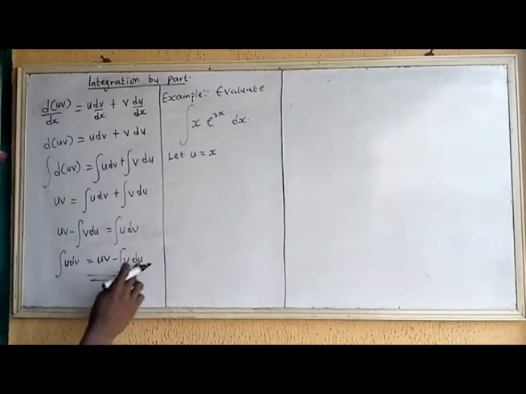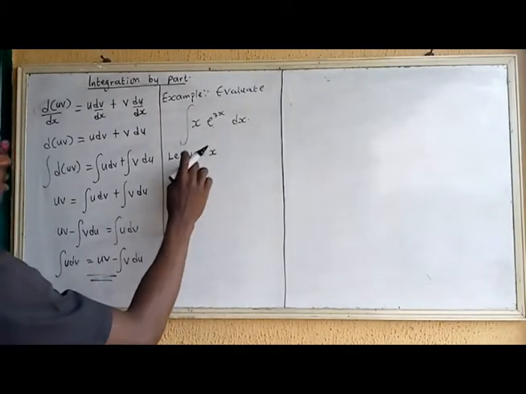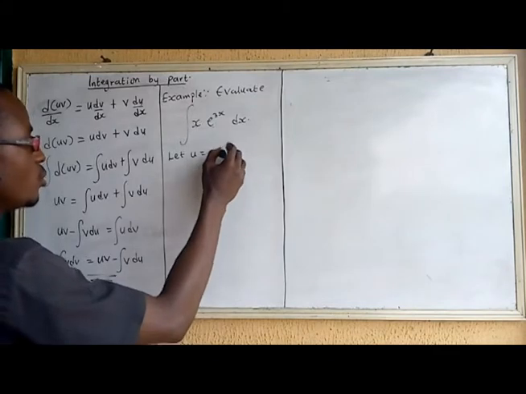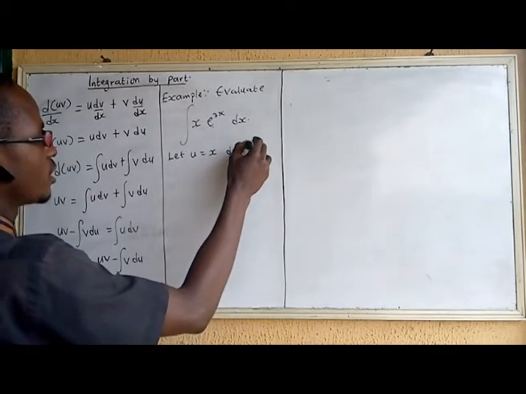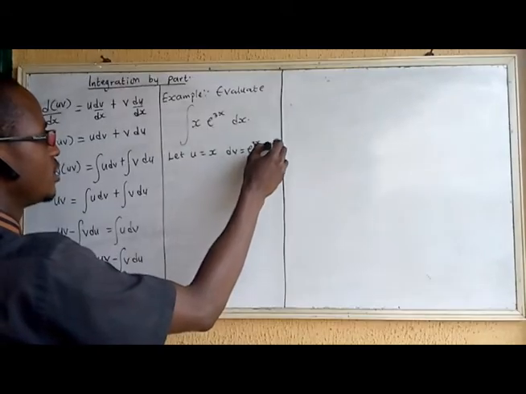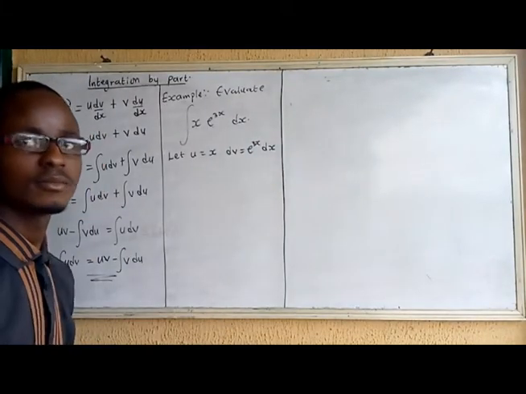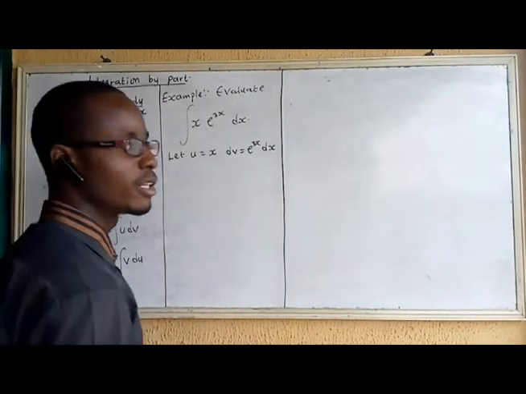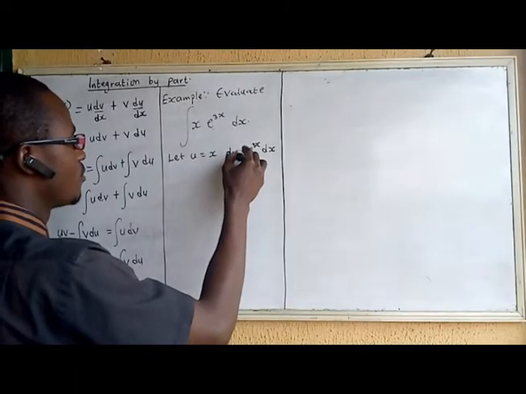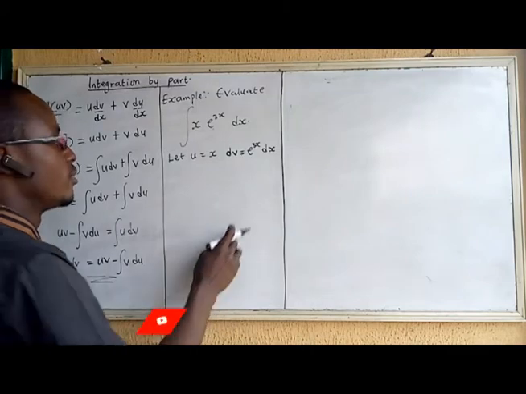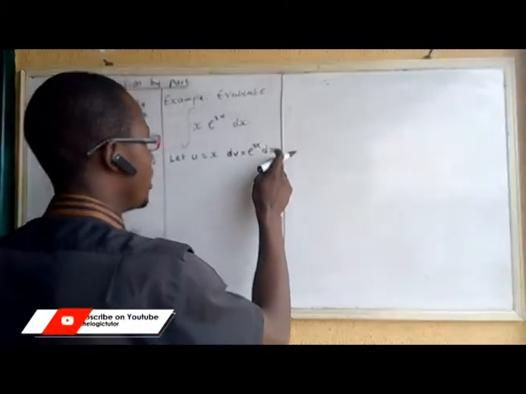If u equals x, then dv will be equal to e raised to power 3x dx.